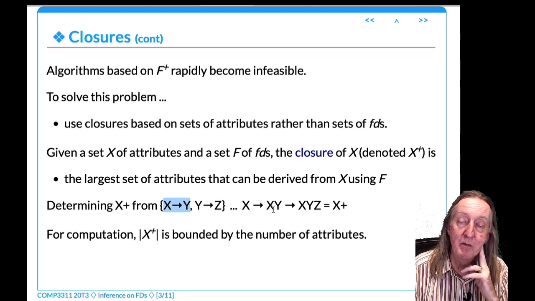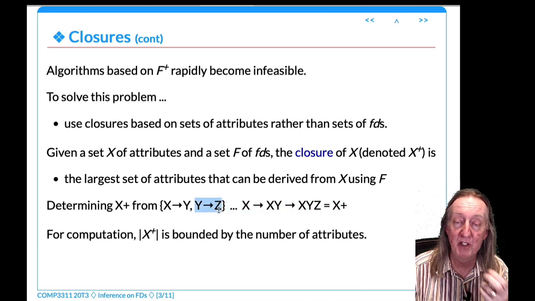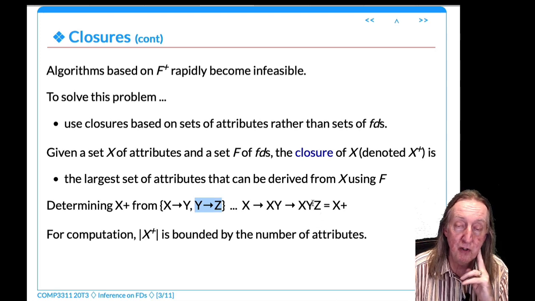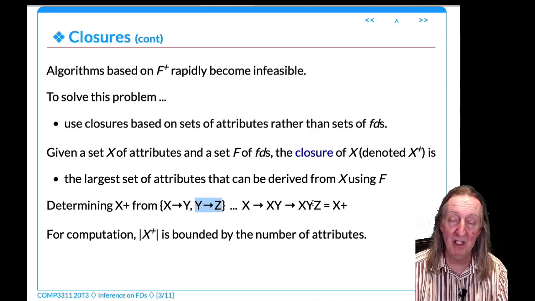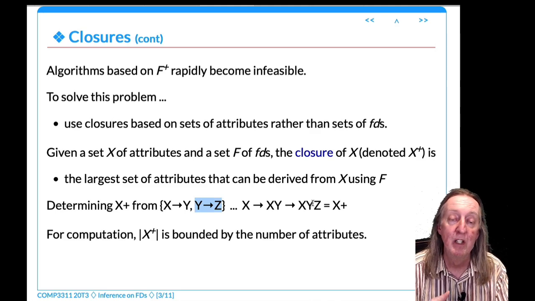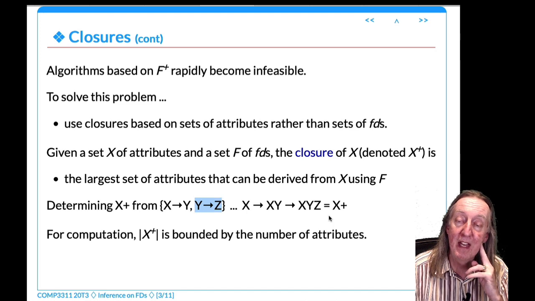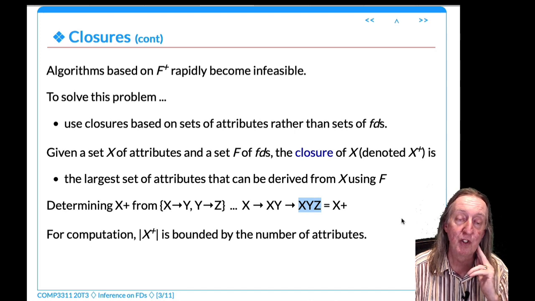All right, well, once we've got Y, we've got a functional dependency here that says Y determines Z. Therefore, we can add Z to our closure set. And once we've got all of the attributes involved, well, that's as far as you can go. So the closure of X is XYZ, the attribute closure.